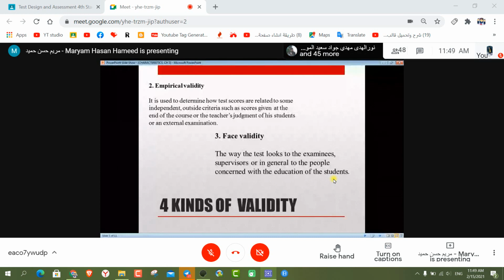Face validity. Yes. This simply means the test looks right to the examinees, supervisors, or in general to the people concerned with the education of the student. Obviously, face validity can never replace content validity or empirical validity, yet it is important and should not be underestimated.